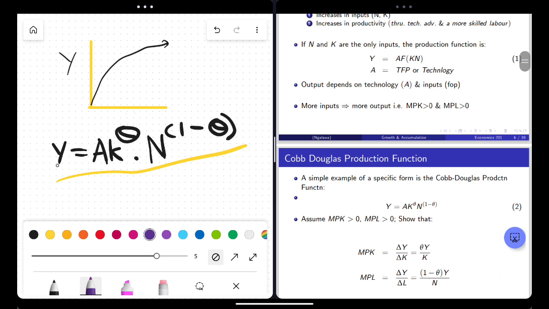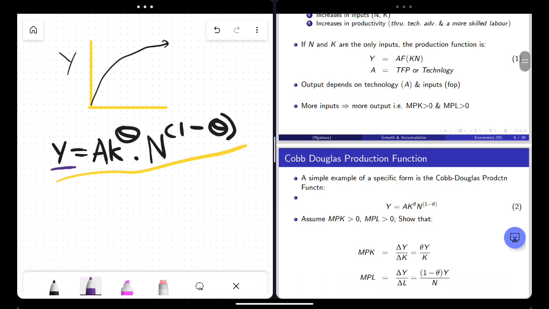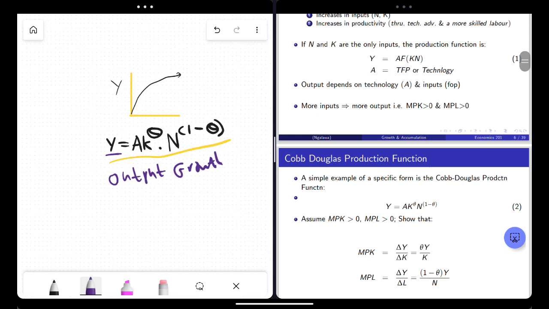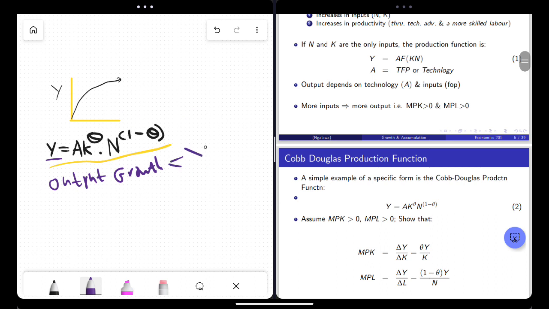We already covered Y. I told you Y stands for output growth. So output growth is equal to capital Y. Now what is A? A is technology. Sometimes they say technology, or they say total factor productivity.